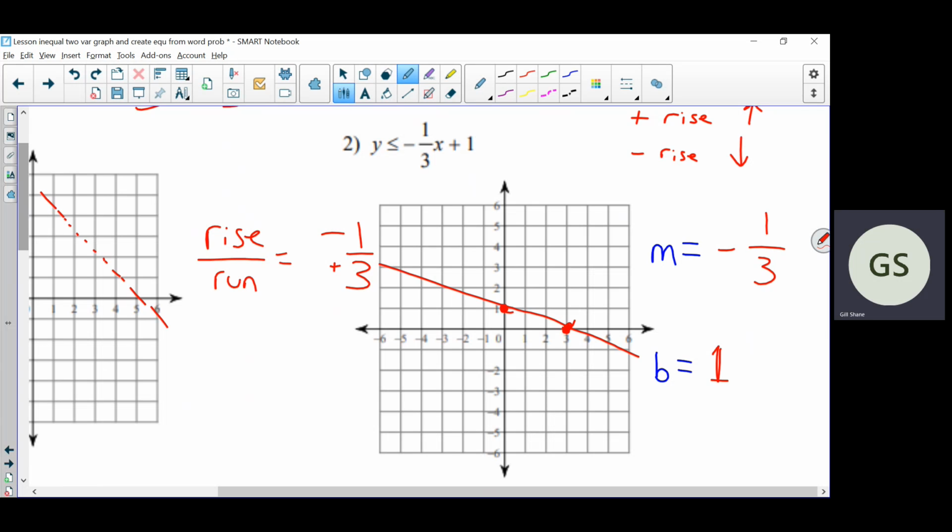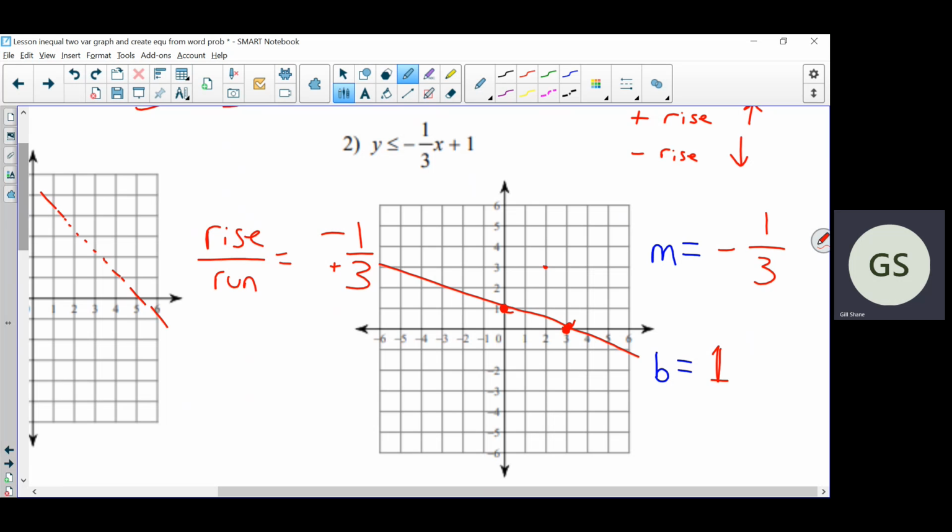Let's say this is the side, and I say, oh yeah, well I know this point right here is a solution. I know that one point is a solution. That means every single point on that side is a solution. If you know just one is a solution, every point on that side is a solution. Or the opposite is true.